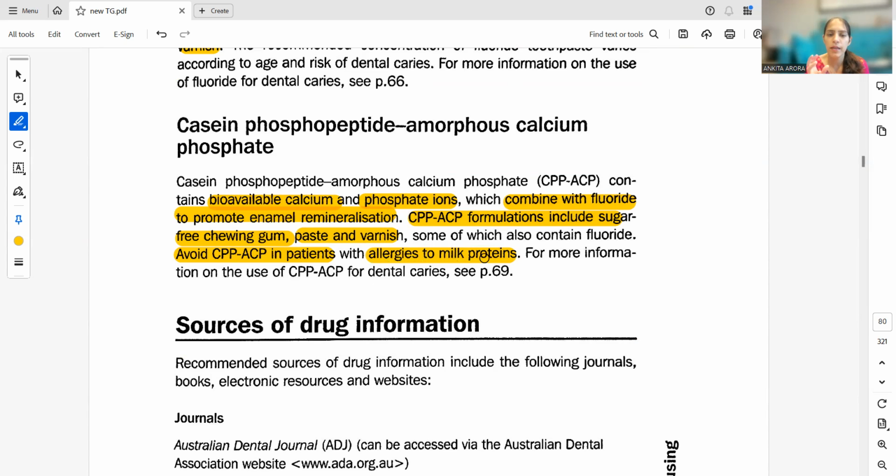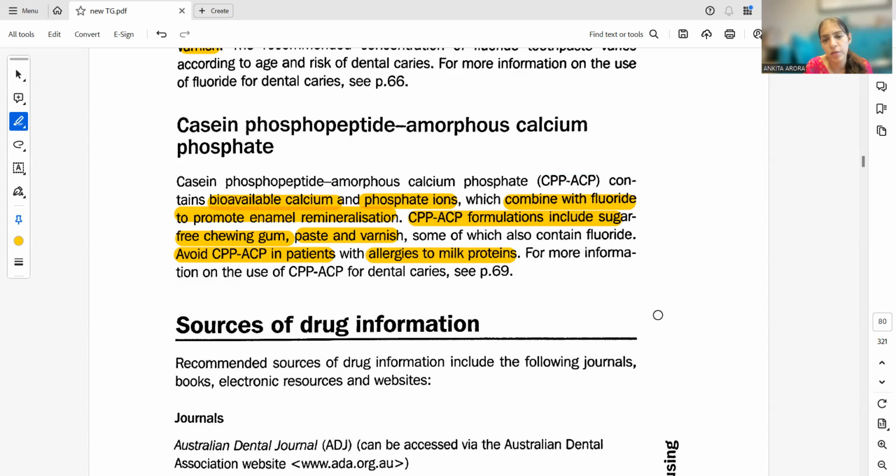The commercial name available for CPP-ACP is Tooth Mousse, again of two varieties. One is normal Tooth Mousse, which contains CPP-ACP, and one is Tooth Mousse Plus, which contains CPP-ACP and fluoride. So we have this important information.